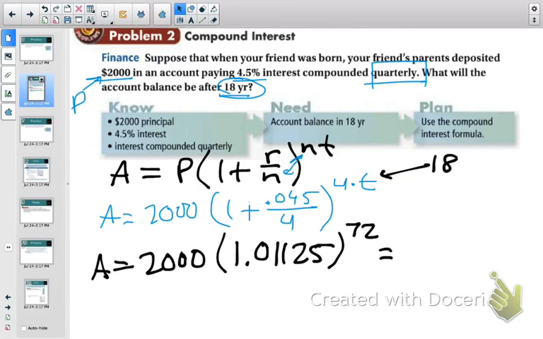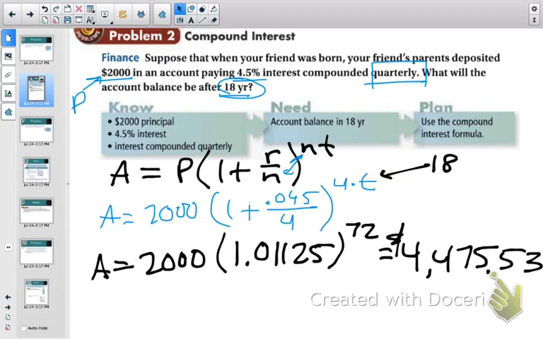And what do we get? 2,000 times 1.01125 to the 72. So that comes out to be 4,475.53. Because you're talking about money, you're always rounding to the nearest cent, or the nearest hundredths place.